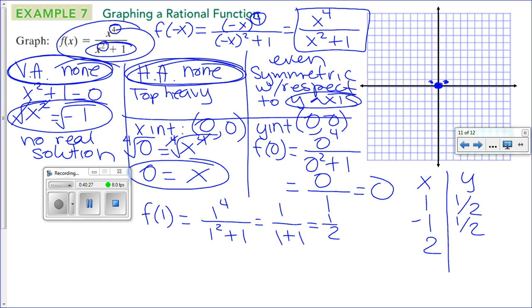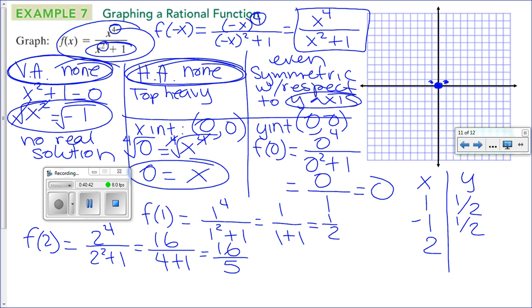Now let's choose x equals 2. We will find f of 2, and that will be 2 to the 4th power over 2 squared plus 1. 2 to the 4th power is 16, 2 squared is 4, so 4 plus 1 is equal to 5. So that will be 16 over 5, and 16/5 is a little bit over 3.